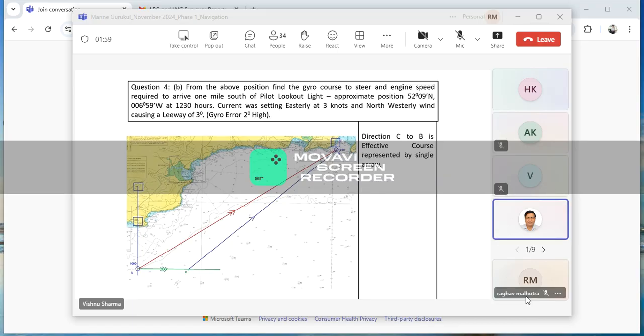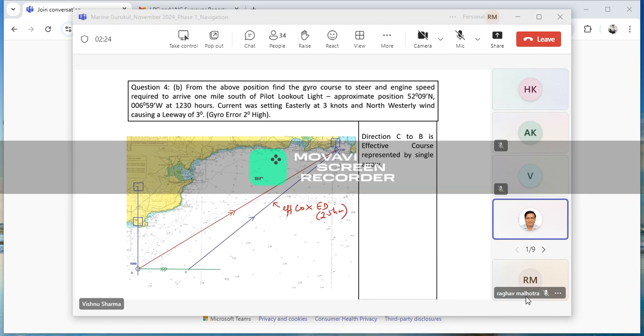And now, what does the distance C to B represent? What is the magnitude of this effective course vector? What is this? Engine distance, sir. So this vector is effective course multiplied by engine distance in how many hours? In 2.5 hours.